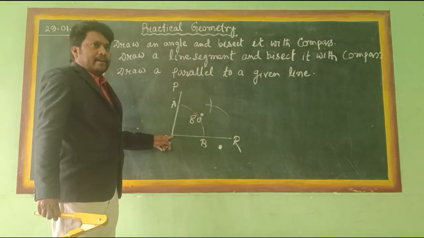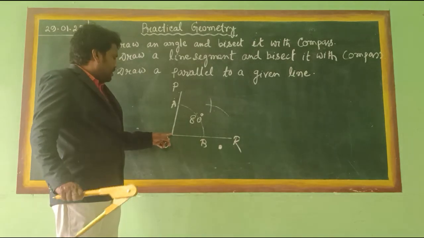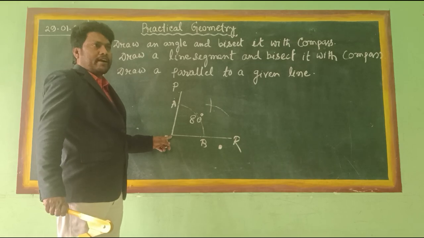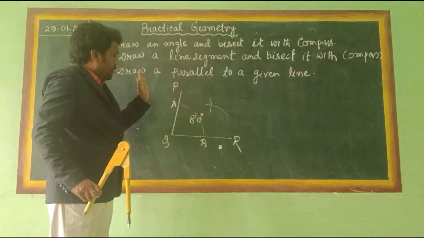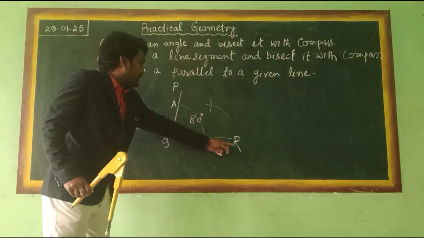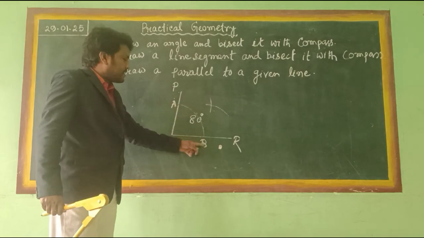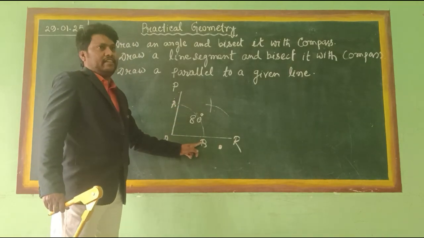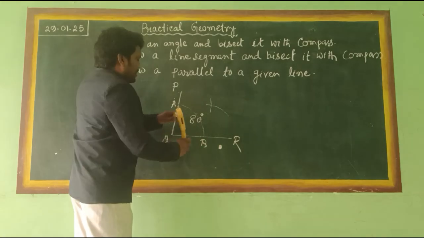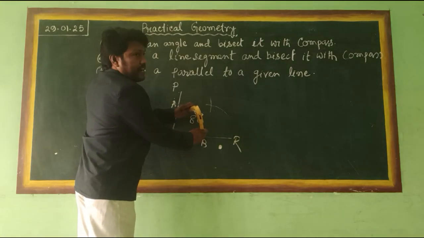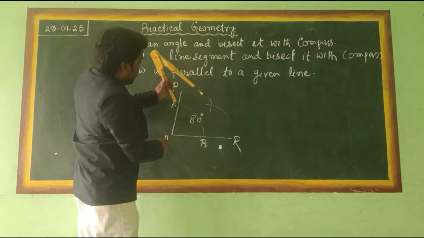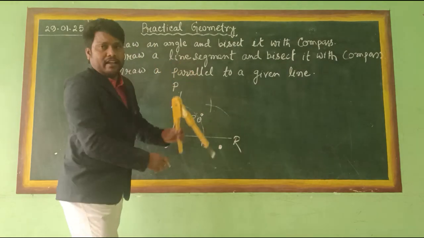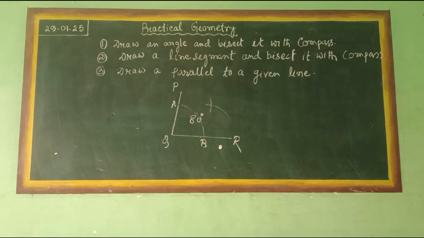Place the needle of the compass on the vertex, then make an arc, and PQ and QR are intersected at two points A and B. Then take more than half of the radius from point B and place the needle in point B. Then cut here, and without changing the measure, cut from the other point. Now I have already bisected the angle.